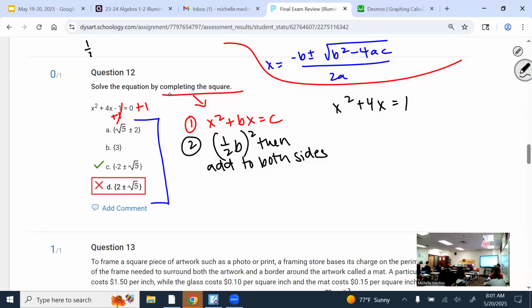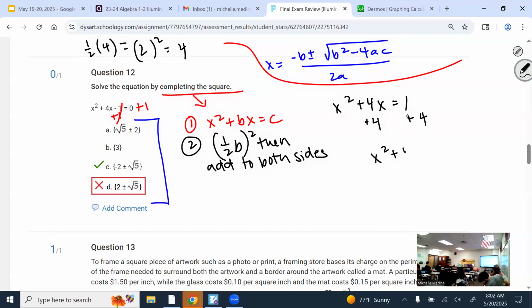What is half of 4? What is 2 squared? 2 squared. Okay. So we took half of b, we squared it, now we're going to add it to both sides.